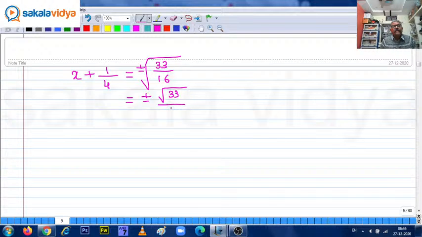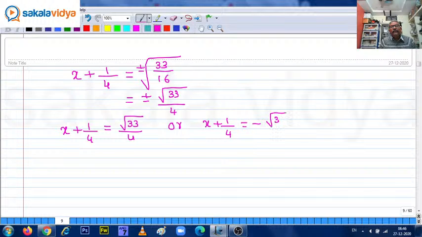Square root of 16 is 4. Now we get like this: x plus 1 upon 4 equals to plus root 33 upon 4, or x plus 1 upon 4 equal to negative root 33 upon 4.